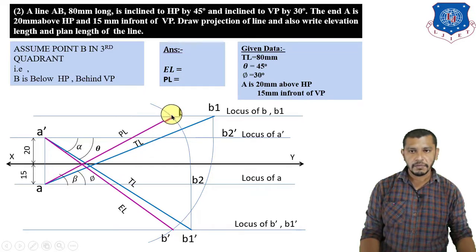If we connect B and B dash, this will be our end projector of B.